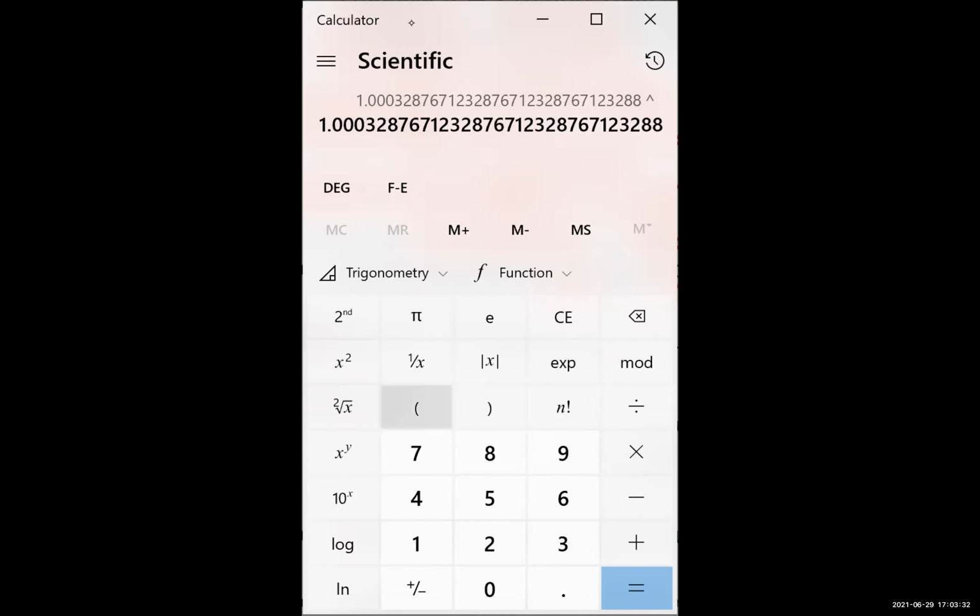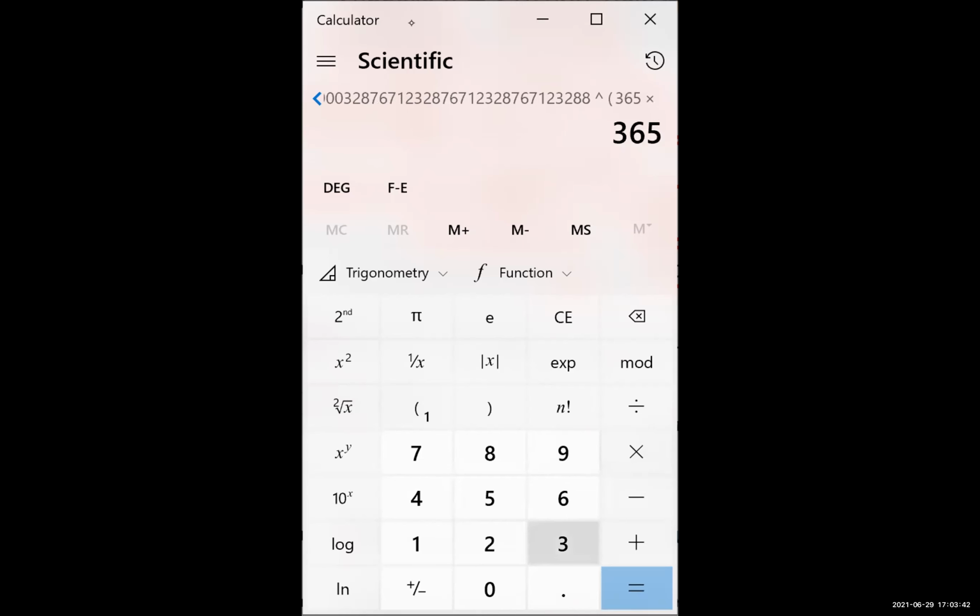So in scientific calculators, you can use parentheses like this. 365 times 30, and I close the parentheses, and that is going to give you my exponent. That is 10,950. That is the exponent. That in turn is the number of days in a 30-year period.